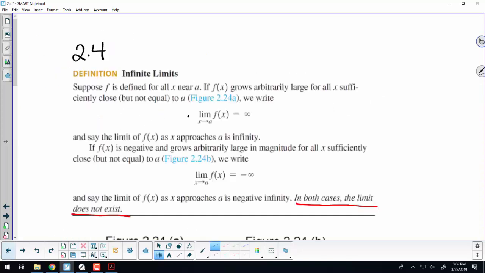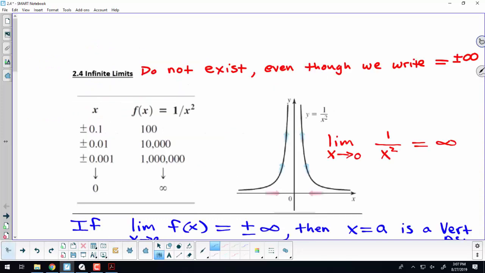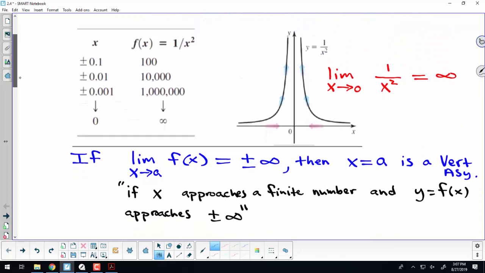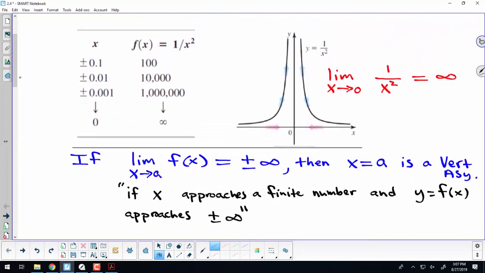And if we go back to our first page, we can sort of see that. So like a quotient 1 over x squared, the numerator is fixed at 1, but what's happening to the denominator x is that it's getting smaller and smaller.